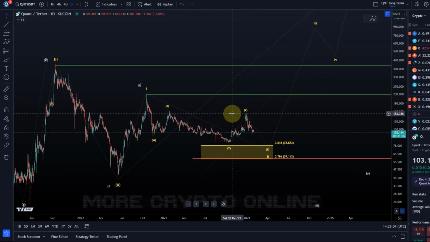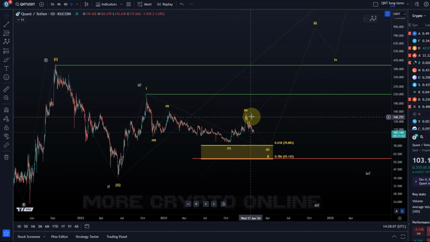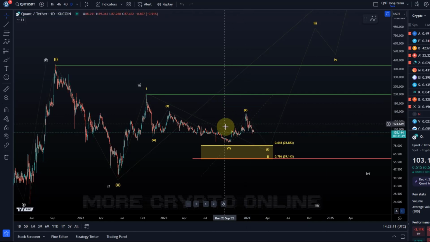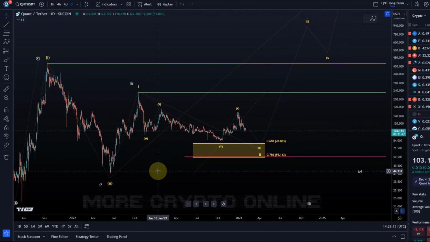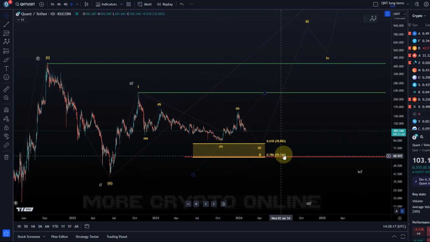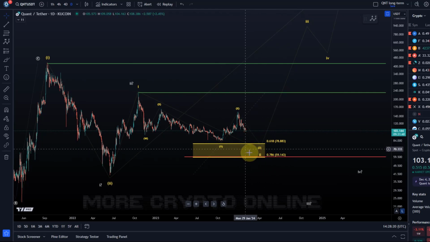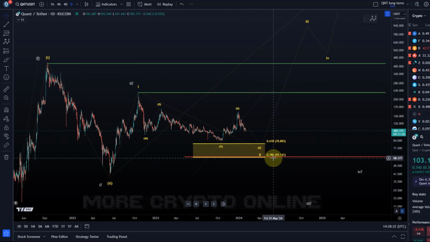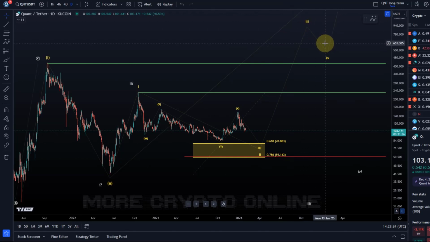The condition is that in this scenario, we stay below $153, the last swing high that formed in December. That is still the potential for a bullish scenario though, because as long as the price is holding the long-term support here between $78 and $59, it could still give us a third wave to the upside.